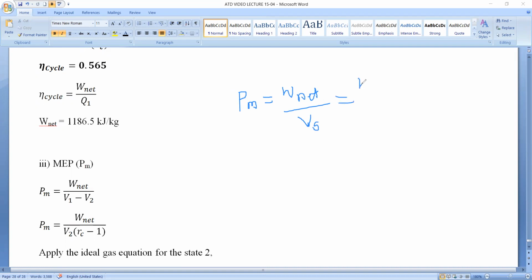This can also be written as the ratio of W net divided by the swept volume, which is the difference V1 minus V2. V1 is the total volume of the cylinder at the beginning of the compression stroke, and V2 is the volume of the cylinder at the end of the stroke. Okay, so you know, in an engine cylinder arrangement, we have the two dead centers.